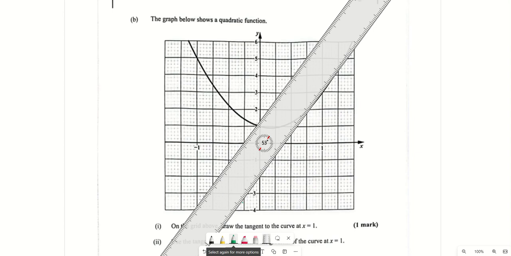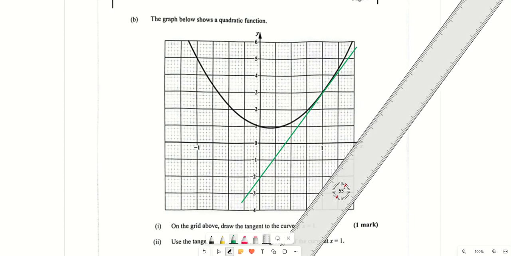We'll draw that line with the green. If you move that, this coordinate right there is x is equal to 1, y is equal to 3. The next coordinate is this one here, on your y-axis: x is equal to 0, y is equal to 2.